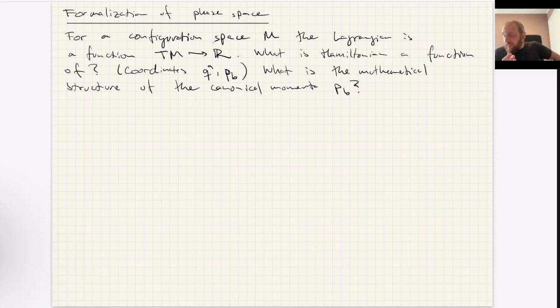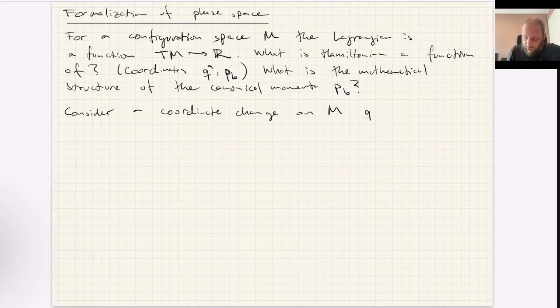So in order to answer that question, let's consider a coordinate change on M. So coordinate change on the configuration space.